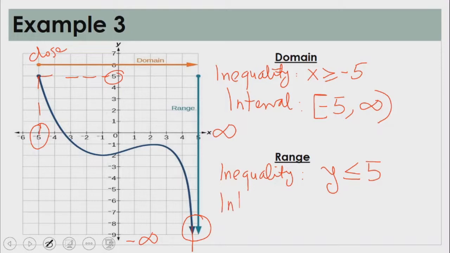For interval notation, the minimum point in this case is -infinity, comma, +5, which is the maximum point. The +5 is closed, so we have a bracket, and the -infinity takes a parenthesis because it is always open.